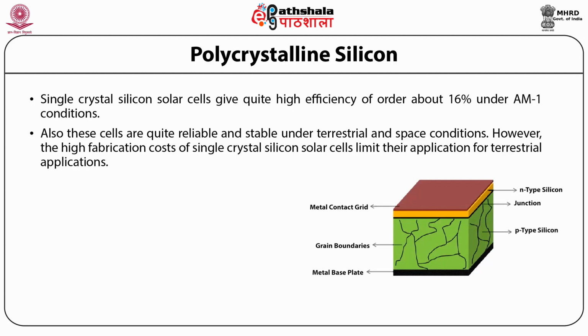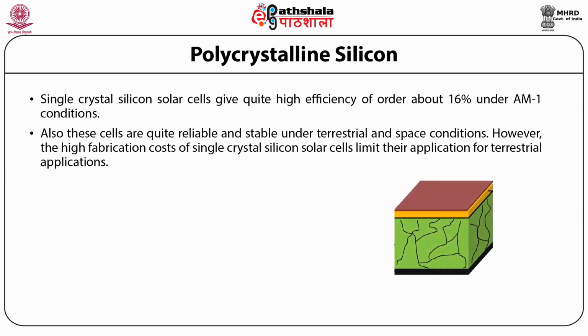However, the high fabrication costs of single crystal silicon solar cells limit their application for terrestrial applications. Hence, research is being conducted on both polycrystalline silicon and amorphous silicon materials as the key candidates for solar cells in thin film form.